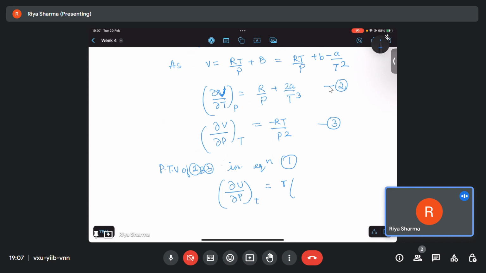This will be minus T into R by P plus 2A by T cube, and this was minus P into minus RT by P square.